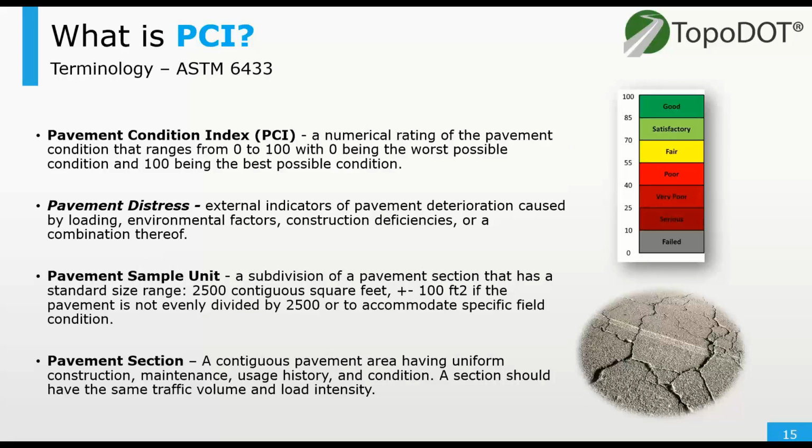The sample unit, or pavement sample unit, these are going to be the smaller subunits of roadway sections, and they're typically about 2,500 square feet in that ballpark. And then pavement section, these are the sections that make up the roadway network itself. So you have the entire network, but then you have these smaller sections.